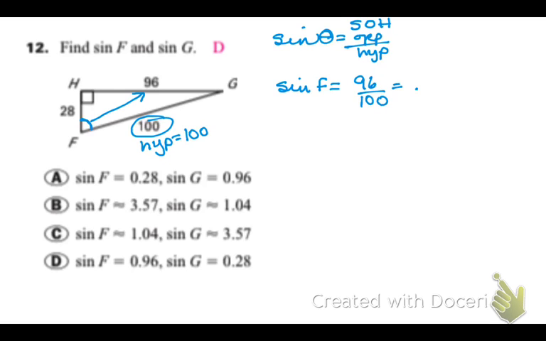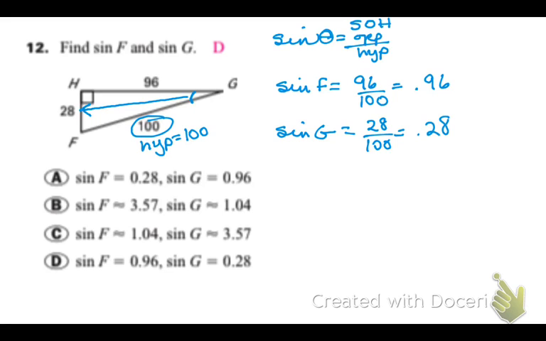which is equal to 0.96. Okay, so sine of G, here's my G, and my leg that's opposite to G is 28 over 100. That's equal to 0.28.